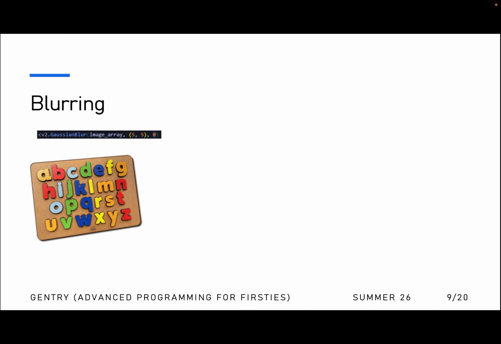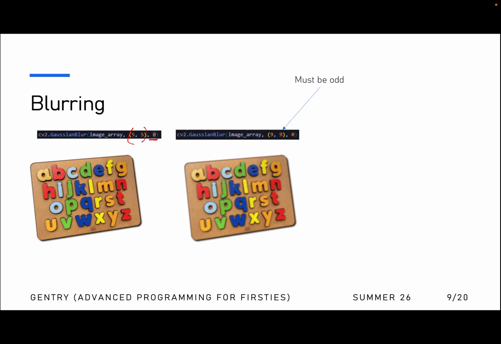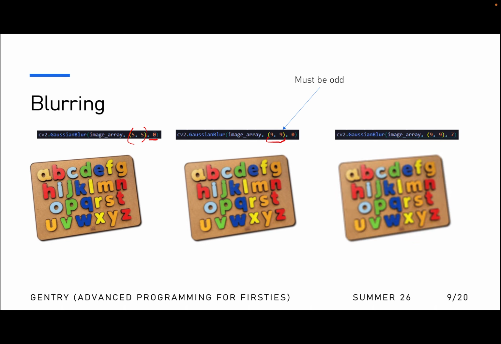So if we want to go through and blur an image, we're going to start off again with that alphabet image. And we'll do a Gaussian blur with this 5, 5, and a 0. And we'll see how that changes because these two parameters must be odd. But you can see it's a little bit more blurred here just because we have larger dimensions for our blur.